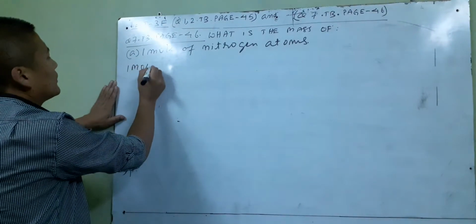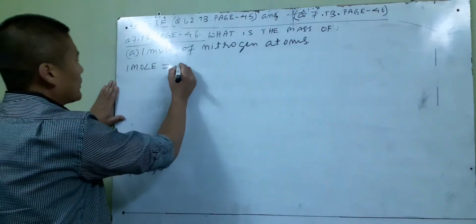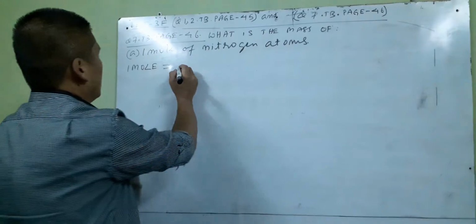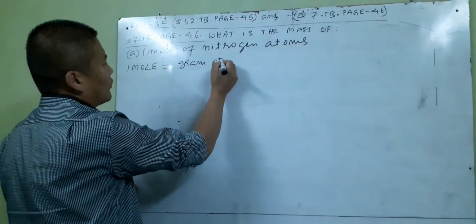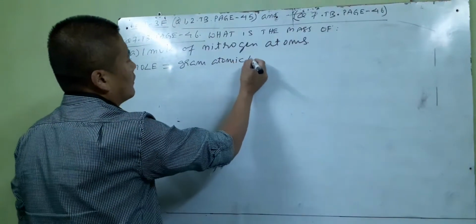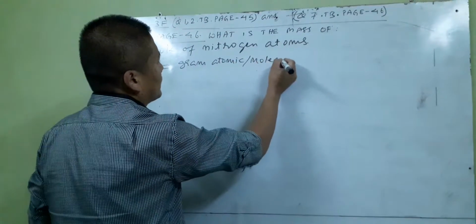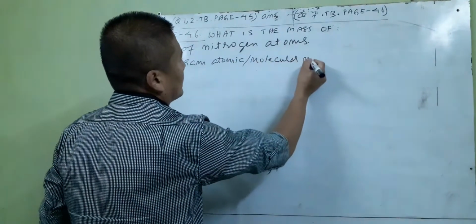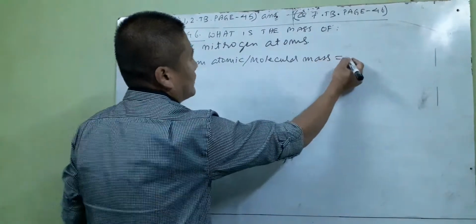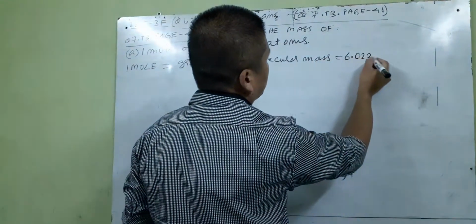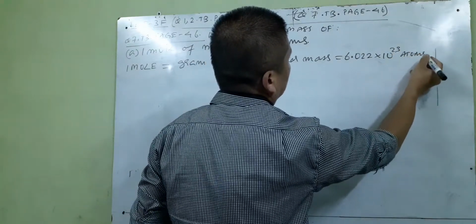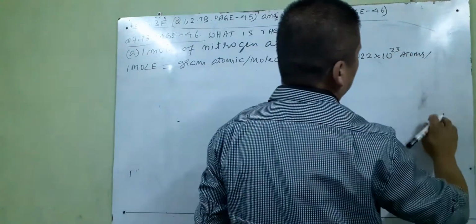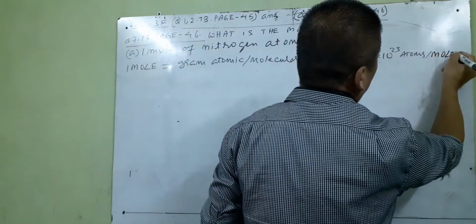Remember this, you don't need to write this, but for now, for explanation, 1 mole is equal to gram atomic or molecular. If it is molecule, we know that by now. Molecular mass will be equal to Avogadro number 6.022 into 10 to the power 23 atoms, if it's atoms, or molecules, if it is molecule.